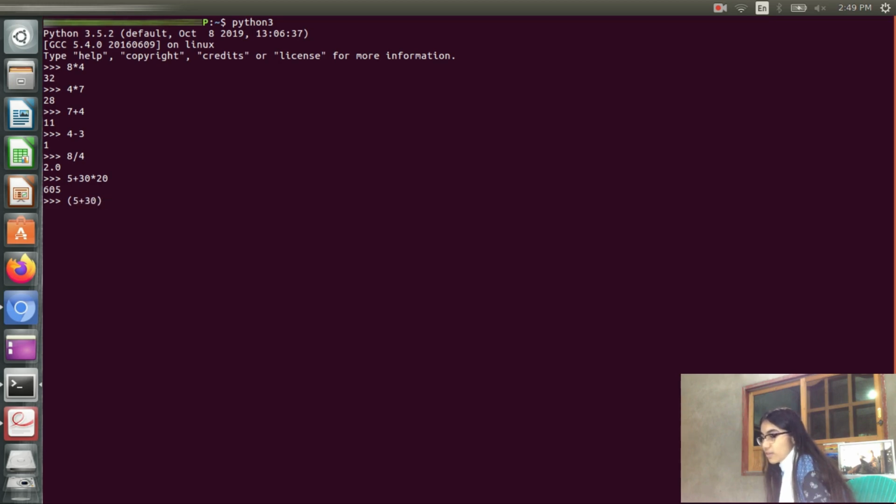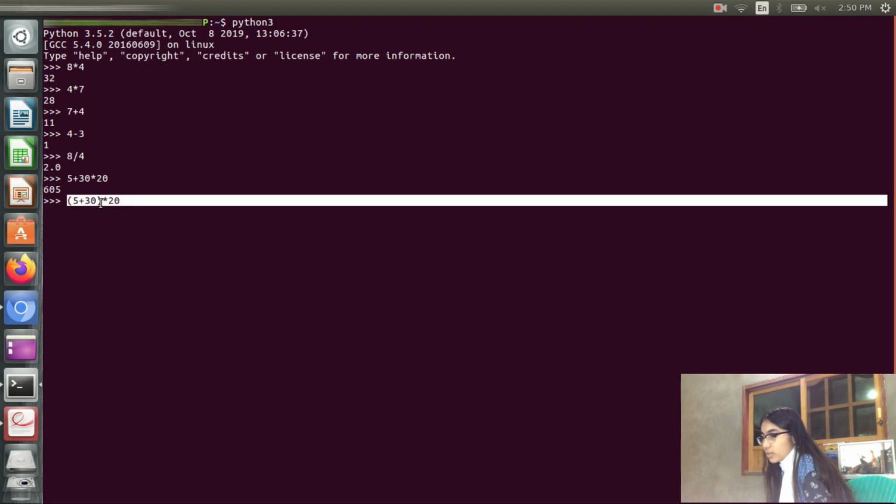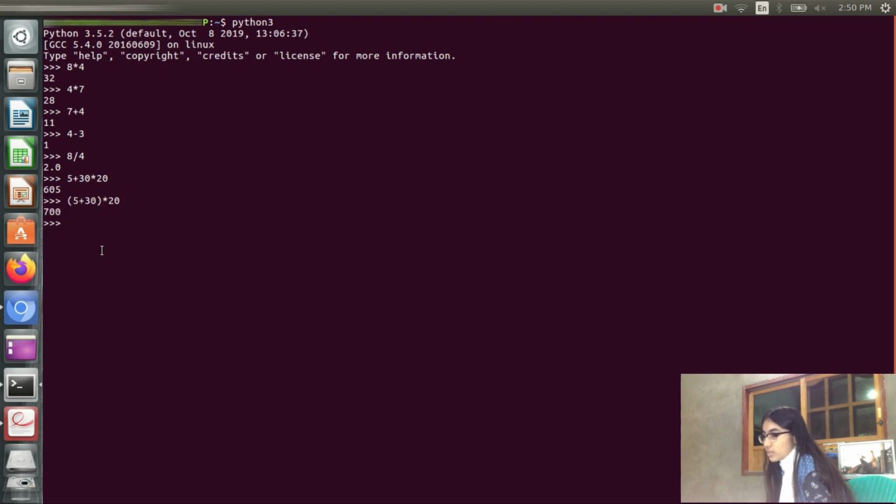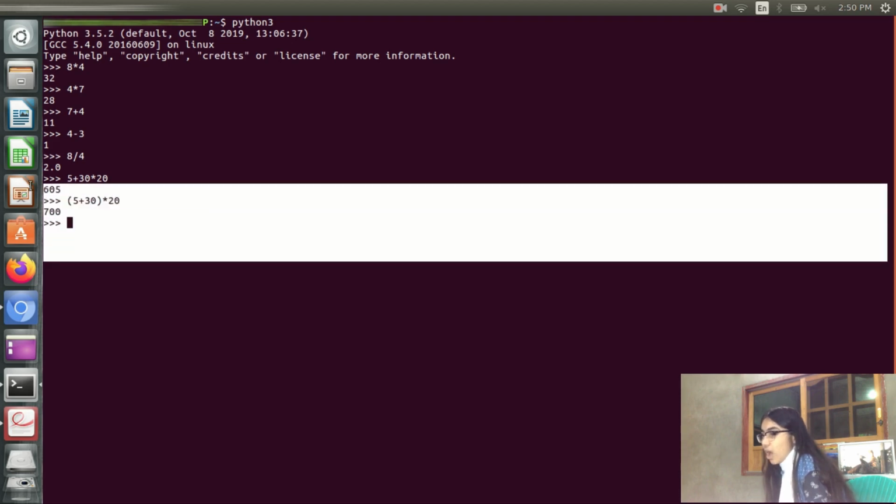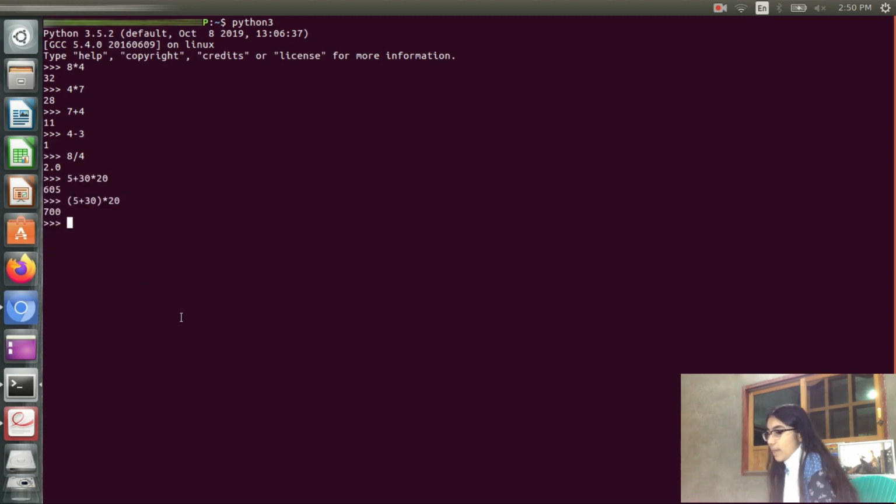Like (5 plus 30) into 20. First it will add 5 and 30 and then multiply it by 20, and here's the answer 700. This is how Python makes your calculations easier. This is how you can calculate things in Python.